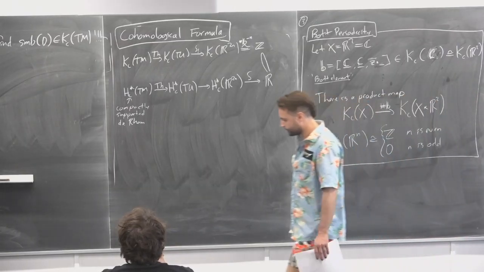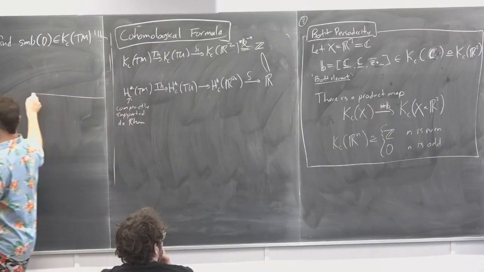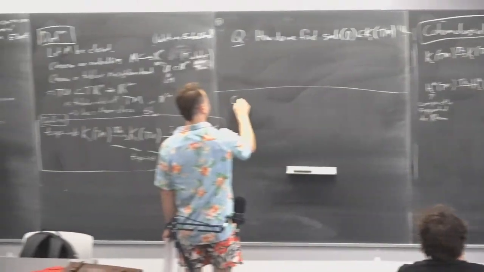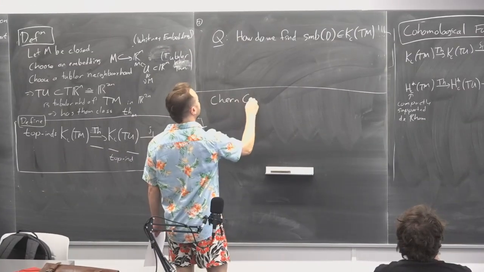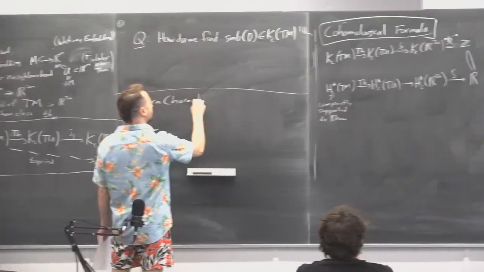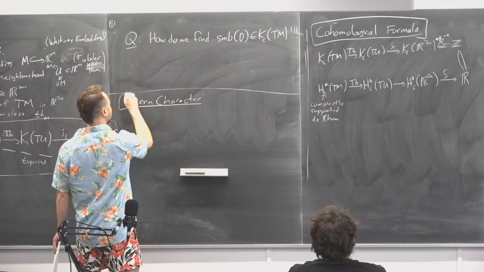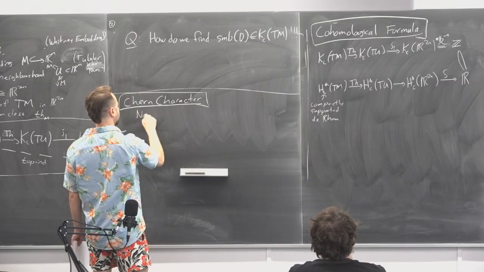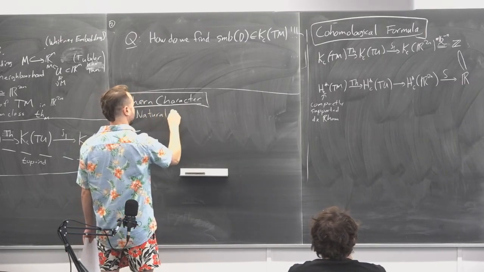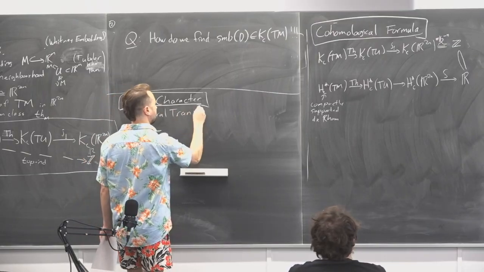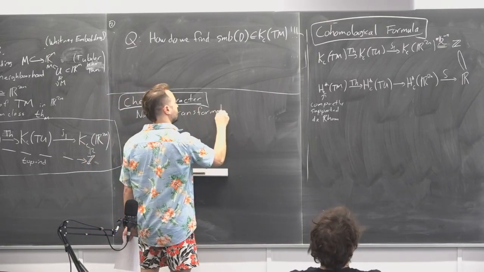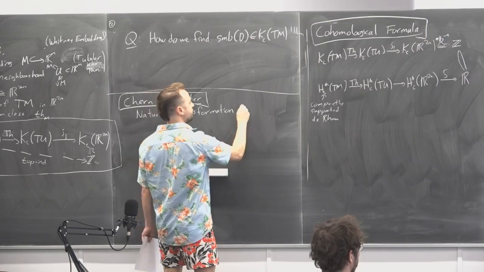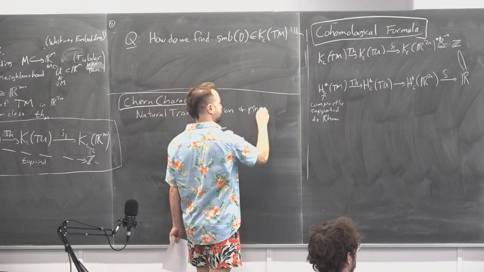The most natural way to do this is with the Chern character. This is a story for another time, but it's a natural transformation. It's actually been finely tuned to also be a ring homomorphism.